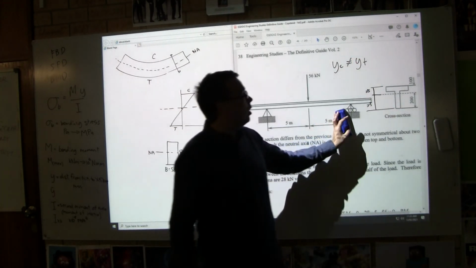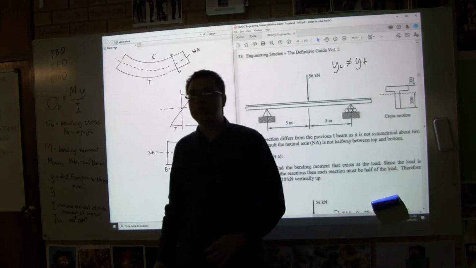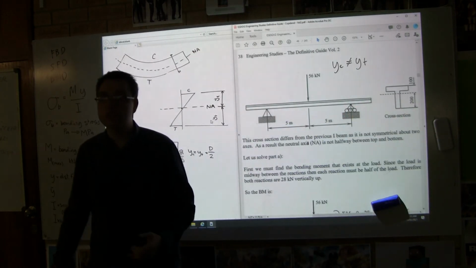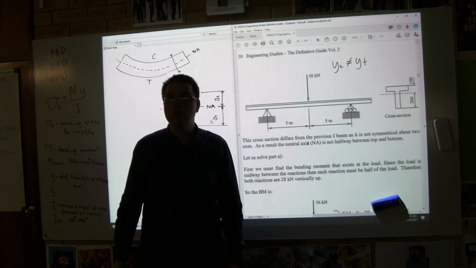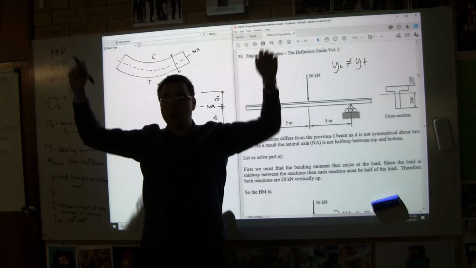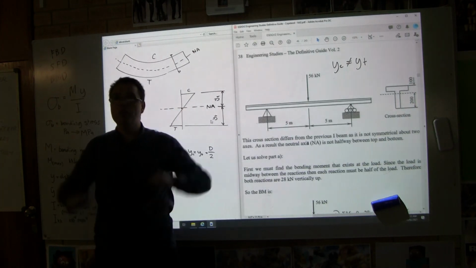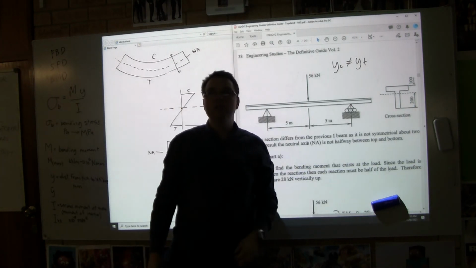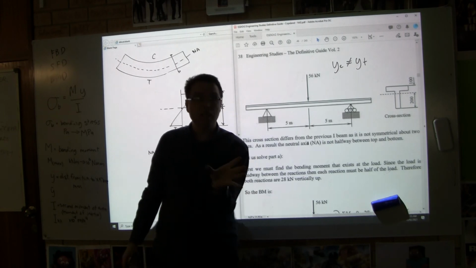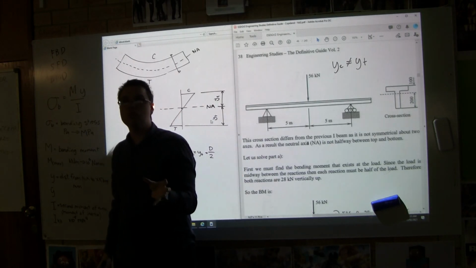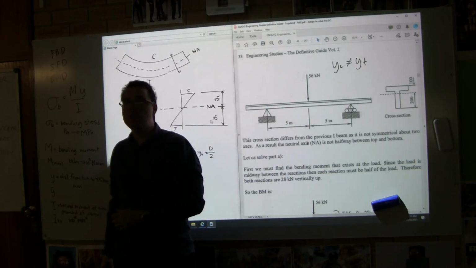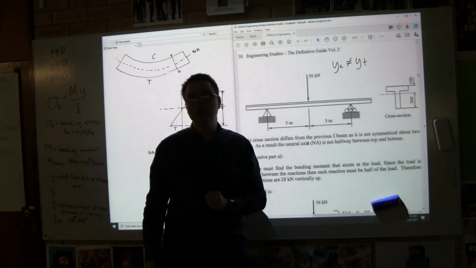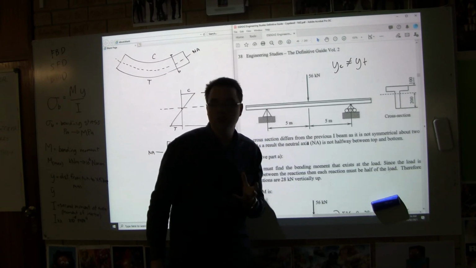Now, if you're a designer and you just want to make sure the beam is strong enough, which one do you care about? Do you care about YC or YT? You always care about big Y! That's what you should take. Now I say that knowing that there was a past HSC question where they said, in this beam, calculate the compressive stress. It was number 20 in the multiple choice, which is usually the hardest question.